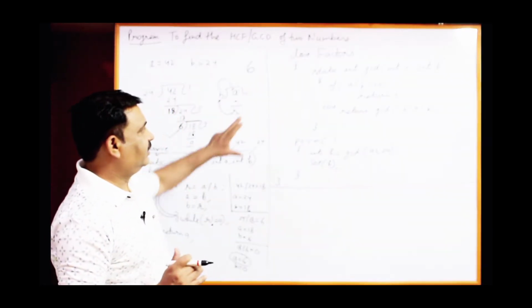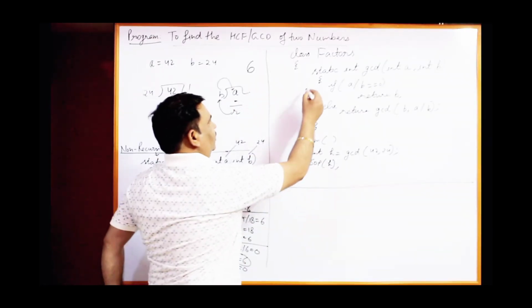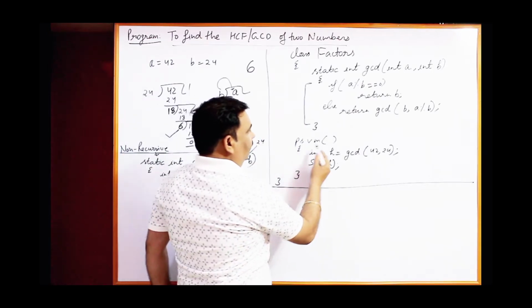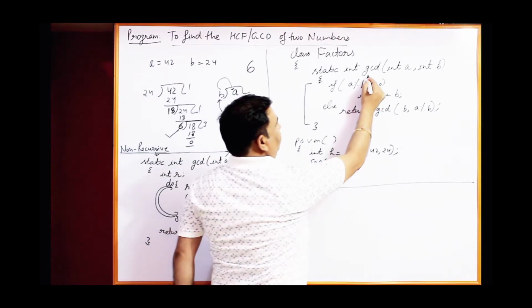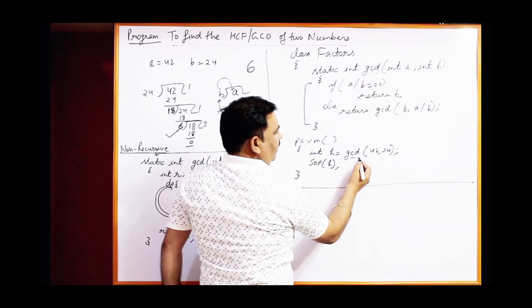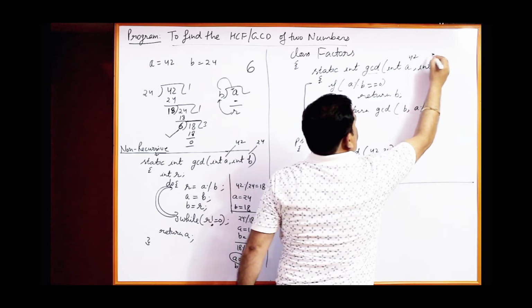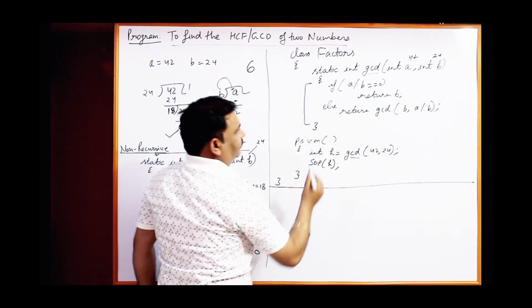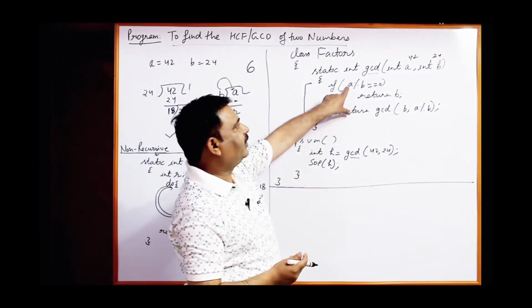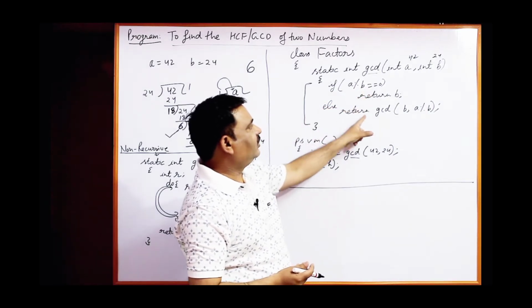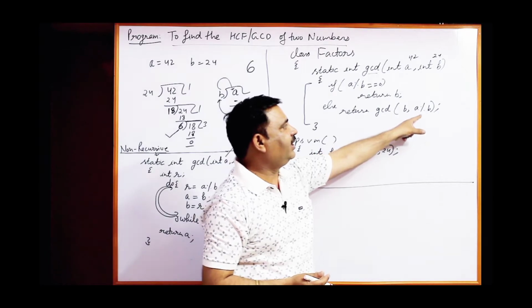Now try to understand the recursive function. This is the only recursive function here. When we call from the main function, the method name is GCD and we pass the same numbers, 42 and 24. First of all check whether 42 is divisible by B. No. Else, return GCD(B, A modulus B).